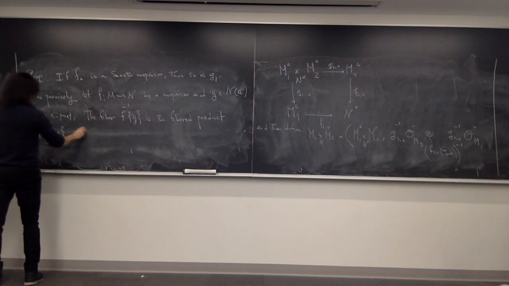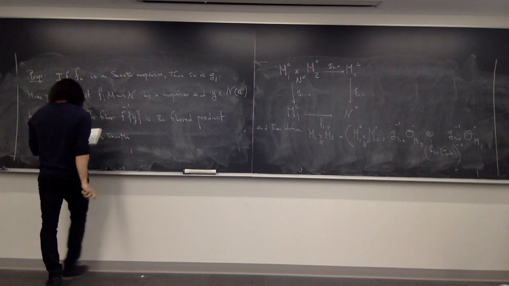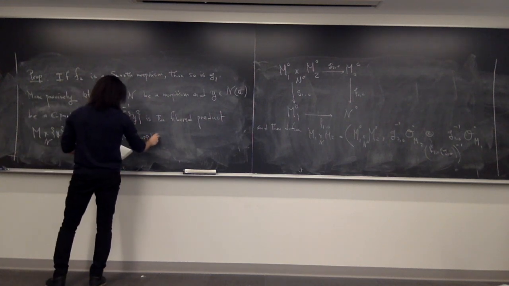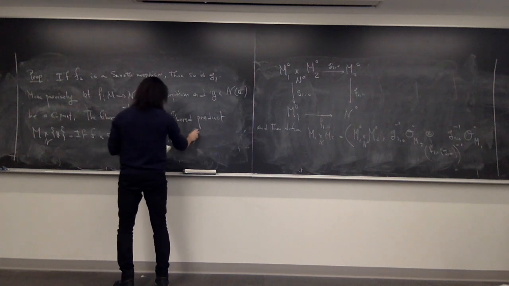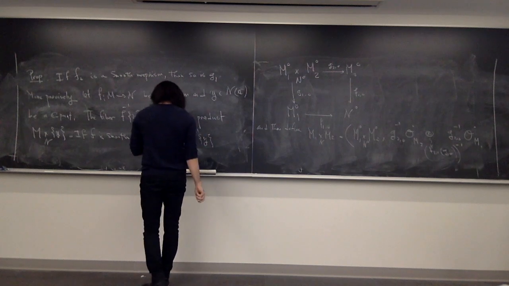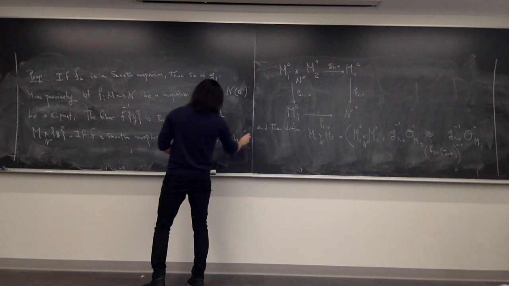Now if F is a smooth morphism, then F inverse of Y is a DG manifold.